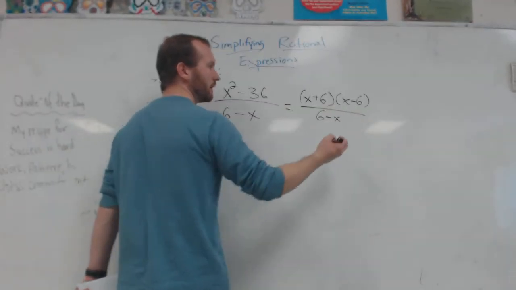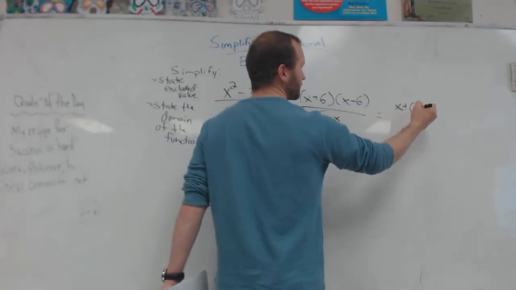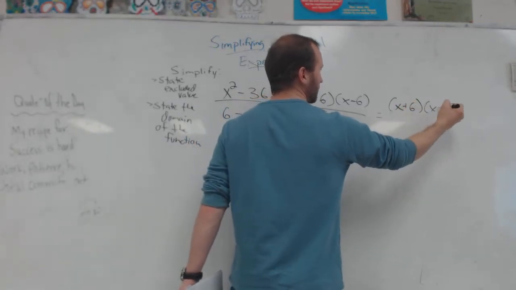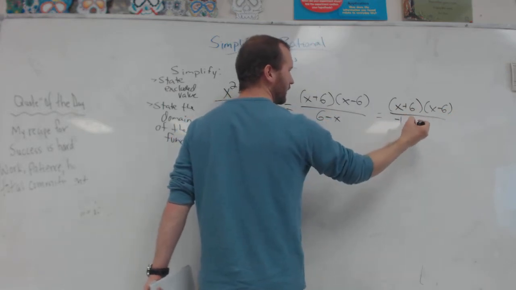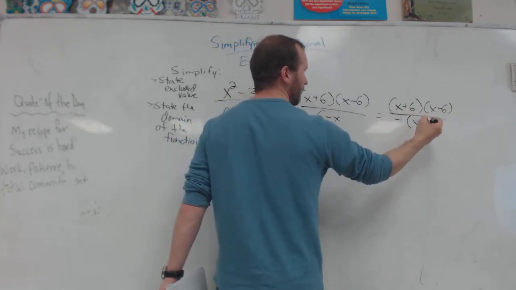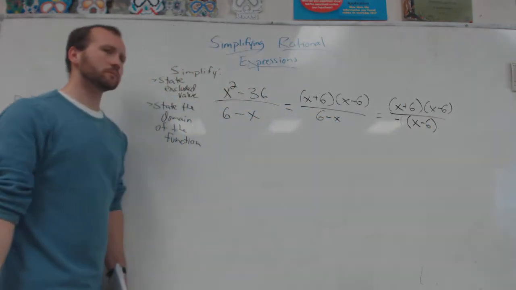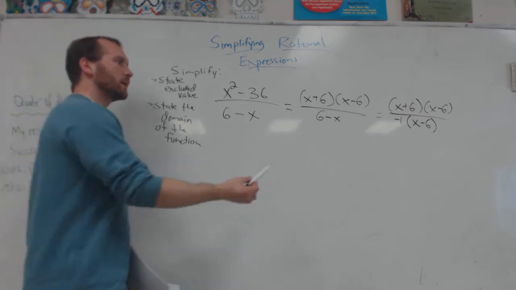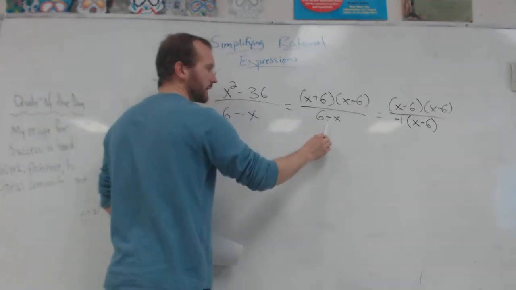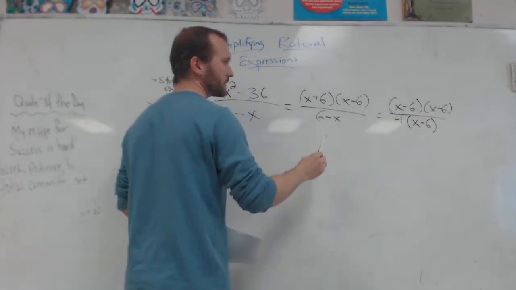Those are different. But when you see that, remember, x plus 6, x minus 6 is not going to change. This is the same thing as negative 1 times x minus 6. Because negative 1 times x gives us the negative x, and negative 1 times negative 6 gives us the positive 6.